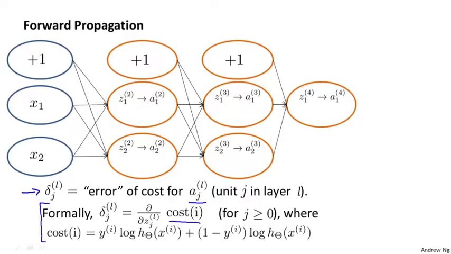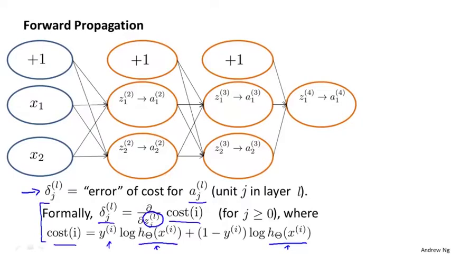Concretely, the cost function is a function of the label y and of the value h of x output by the neural network. If we could go inside the neural network and change those z(l)(j) values a little bit, that would affect the values the network is outputting, and so end up changing the cost function. Again, this is only for those of you who are expert in calculus. If you're comfortable with partial derivatives, these delta terms turn out to be the partial derivative of the cost function with respect to these intermediate terms that we're computing.